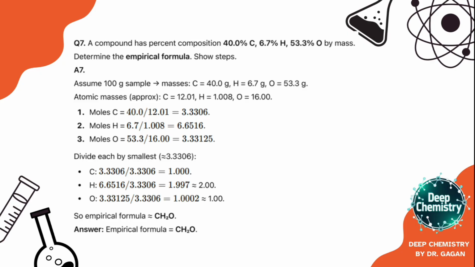So carbon is 40 divided by 12, that is 3.33. Hydrogen is 6.7 divided by 1.008, that is equal to 6.65, and oxygen is 53.3 divided by 16, that is equal to 3.33. Divide all by the smallest value, that is 3.33. So the simple ratio of C, H and O will be 1:2:1. So the empirical formula is CH2O.